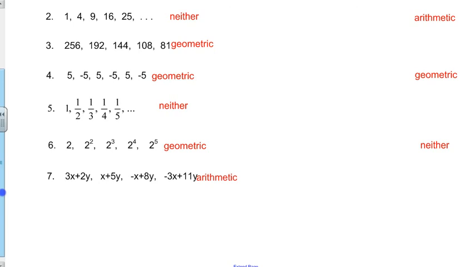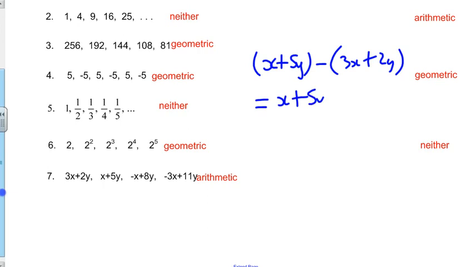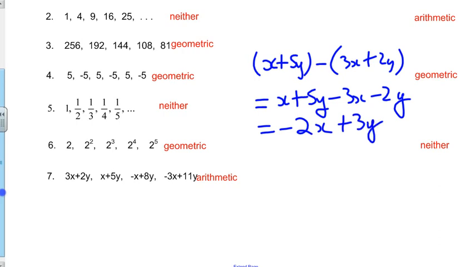Formally, how would you do that? You would say, okay, what's x plus 5y minus 3x plus 2y? Which is x plus 5y minus 3x minus 2y, which is negative 2x plus 3y. And then you do it again.